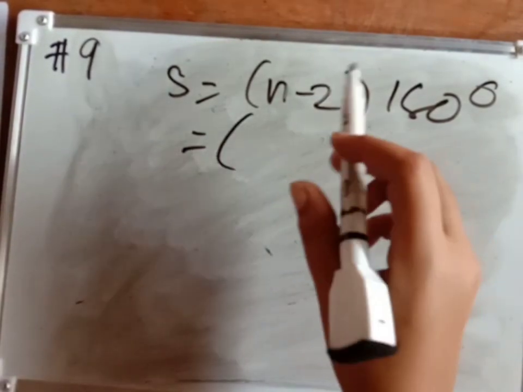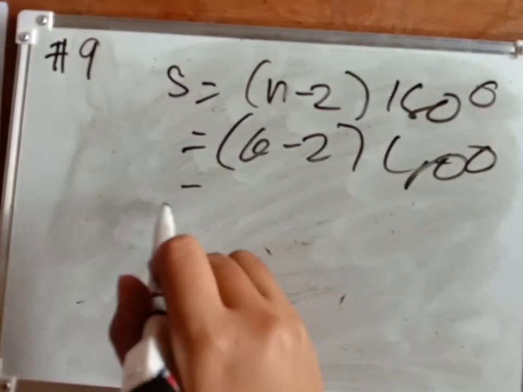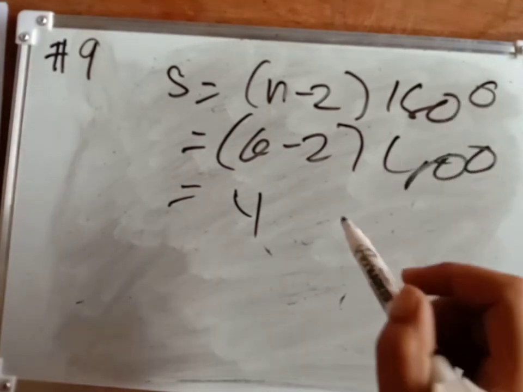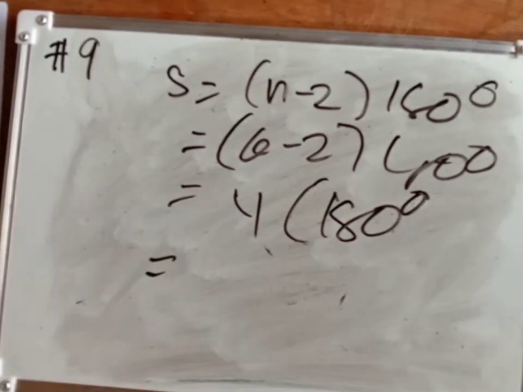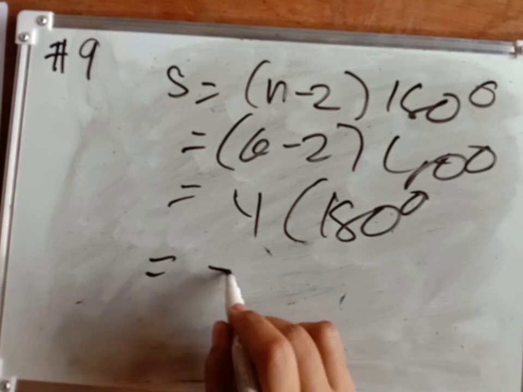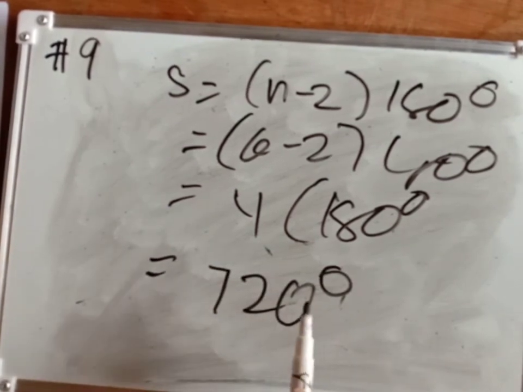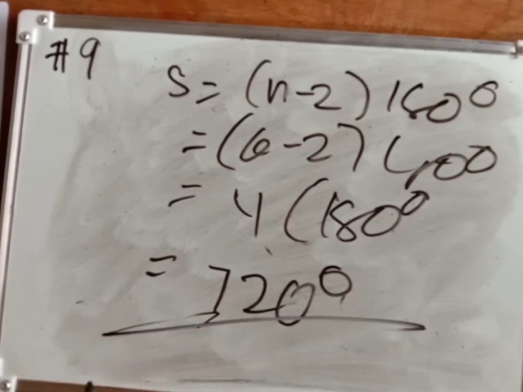So therefore our n here is 6, minus 2, multiplied by 180 degrees. 6 minus 2 is equal to 4, multiplied by 180 degrees. 180 degrees multiplied by 4 is equal to 720 degrees. So therefore, the sum of the interior angles of a hexagon is 720 degrees.